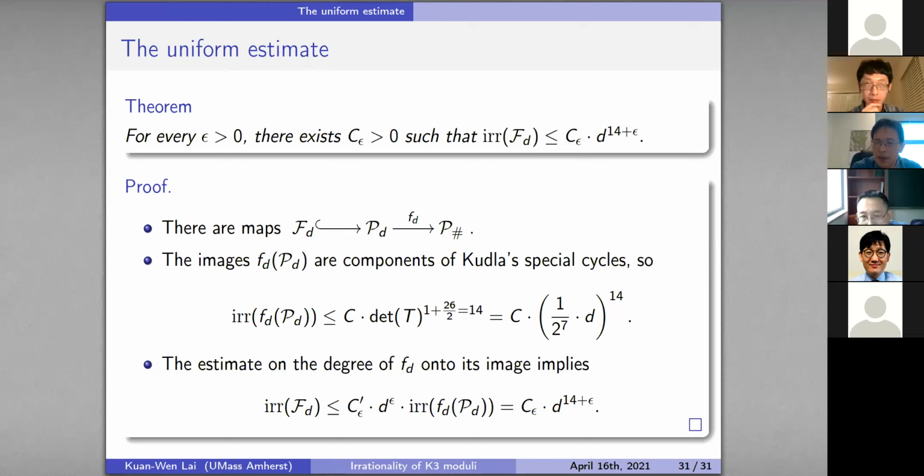For example, in the special cubic fourfold case, we can say the moduli of special cubic fourfolds appear as components of the Higgs divisors, but we don't know if they are just equal to each other or not. So we only have inequality there, and we also have no way to bound those things from below.